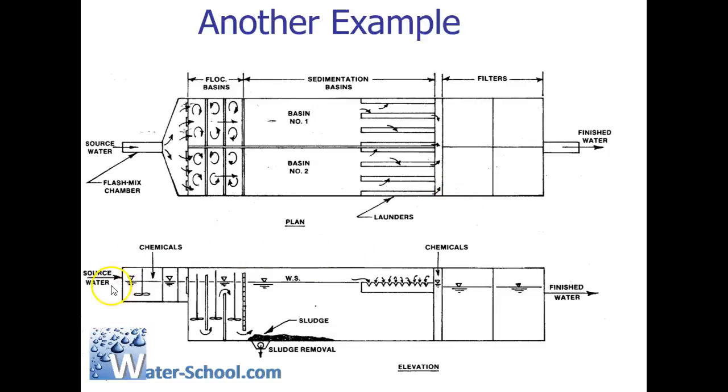So again, here's another side, comes in our chemicals, you can see the little mixers. We've got our sedimentation basin here, sludge removal, and it goes through. This is our clear wells, and it goes out as our finished water.